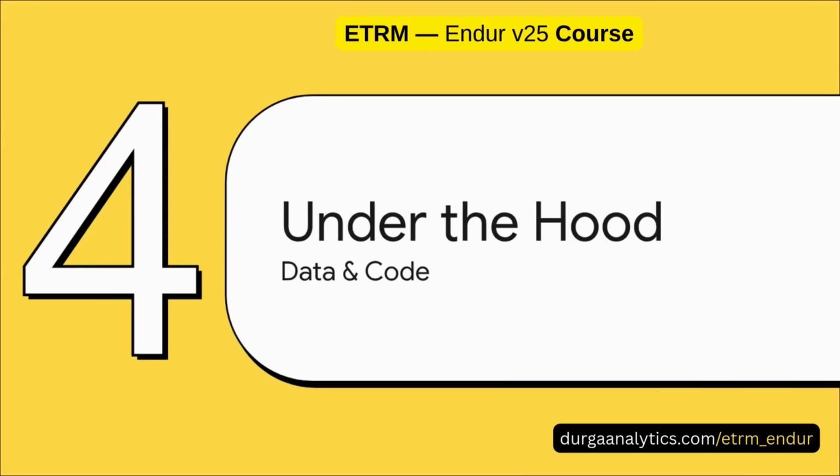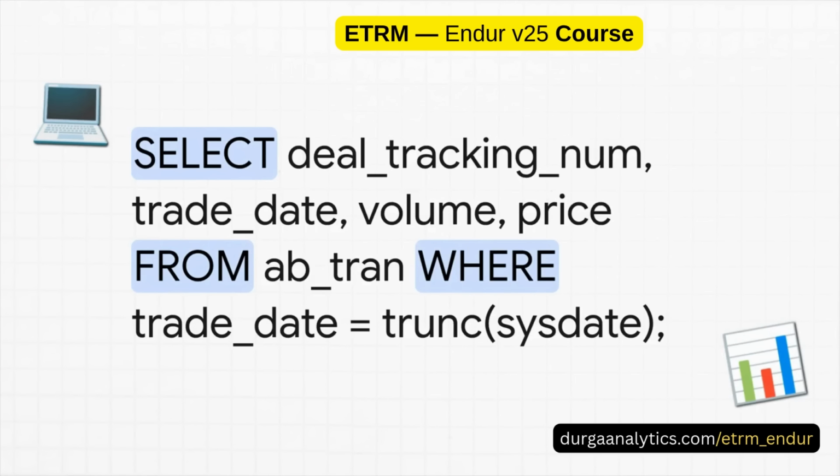Now, for all the implementers, engineers, and analysts in the audience, let's take a quick peek under the hood. How do you actually get your hands on all this data and automate processes within Endure? Well, the most direct way to query the system's data is with standard SQL. Here's a classic example an analyst might run every single day.